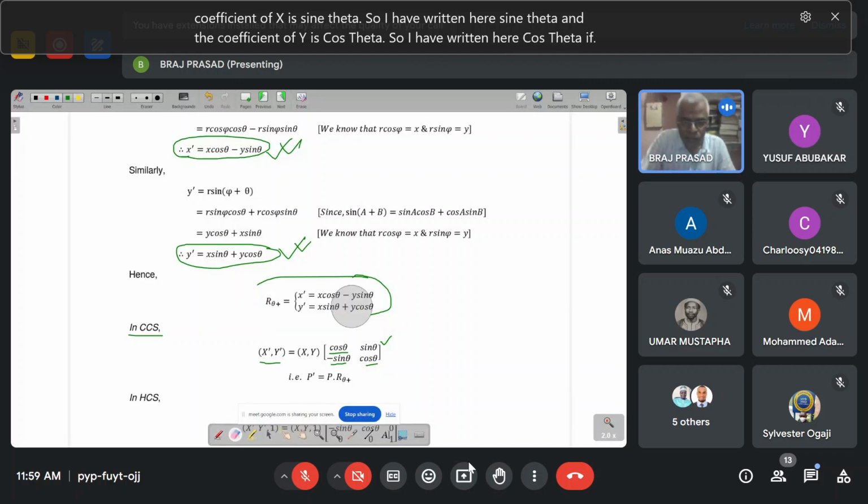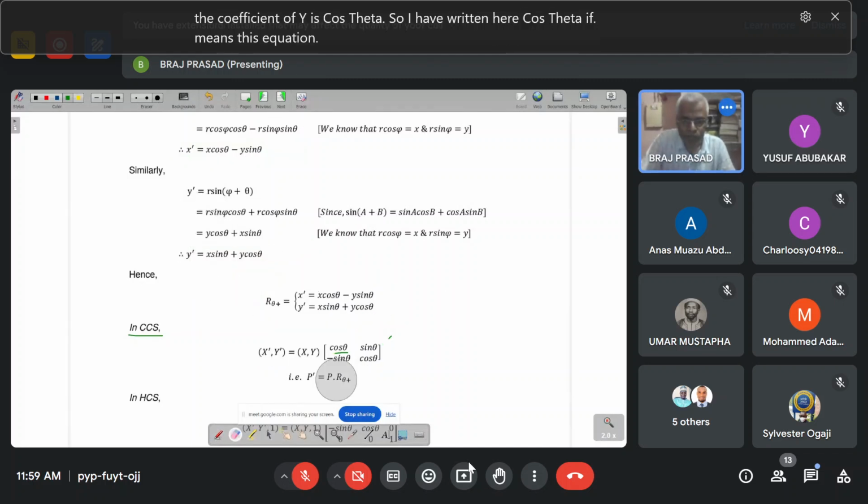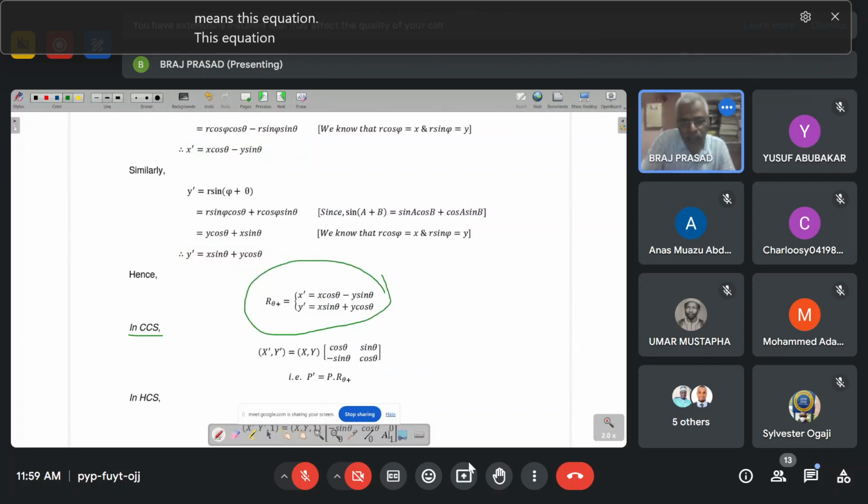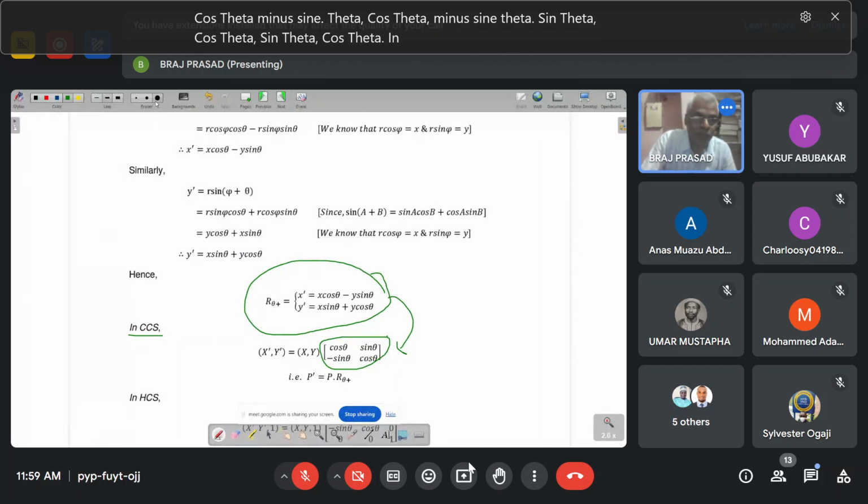It means these equations are converted into matrix form: cos theta, minus sin theta, sin theta, cos theta in matrix form.